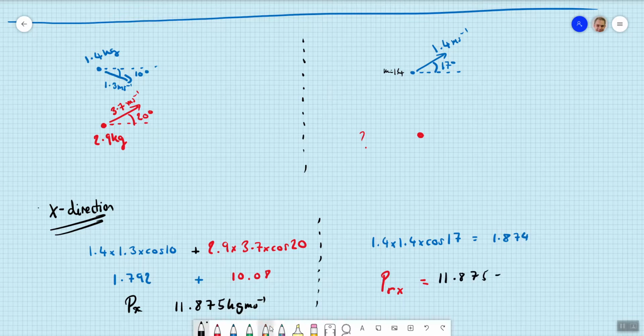Oh, that's nice, we get 10.0006, so basically 10.